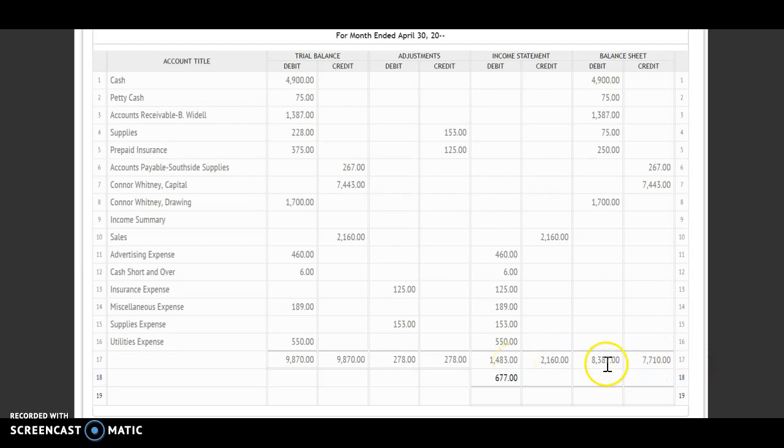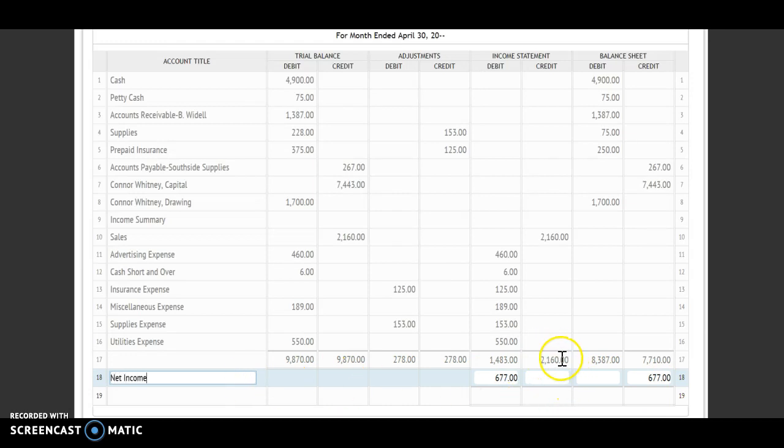Okay, I'm going to do the same thing over here and make sure I get the same number. So I'm going to take my larger number, my debit number of 8,387, minus my credit of 7,710. I also get 677. Remember, if the numbers are on the outside, that is a label of a net income.